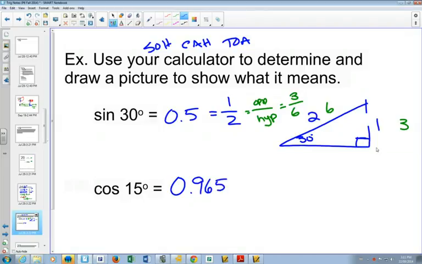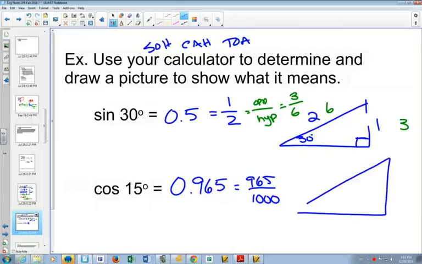How could you write that as a fraction? 965 out of 1,000. So if I drew a triangle with 15 degrees here, where could I put those numbers to make it accurate?